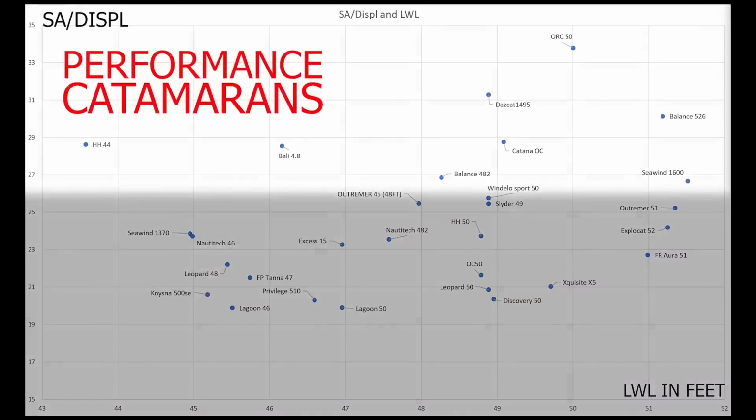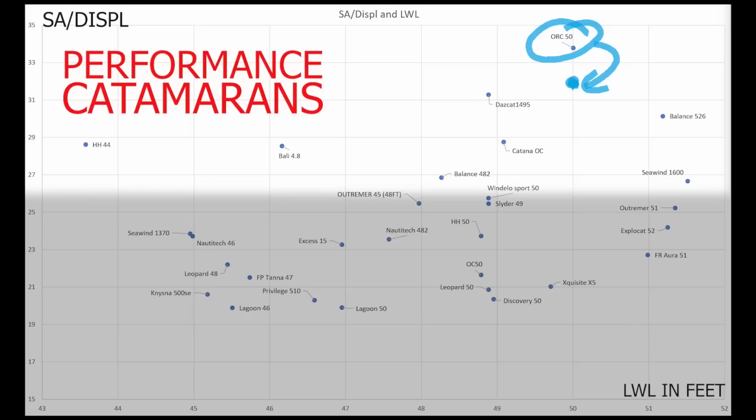Okay, so I'm going to divide this up into performance catamarans, and shade the less performing catamarans. Now you notice the Outremer seems to be a less performing catamaran, doesn't it? But it's not actually, because they've underquoted their sail area. They're one of the few that have done that. Incidentally, ORC also has to be tweaked down because they've got a Genoa on it. Balance plummets off the side of a cliff.